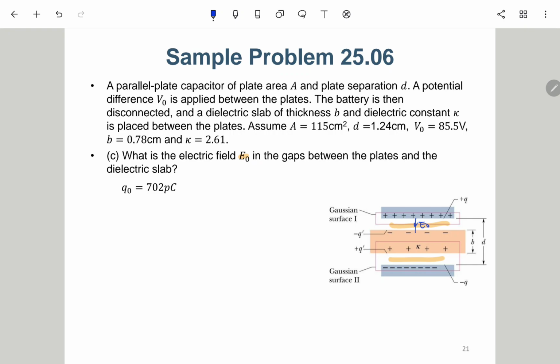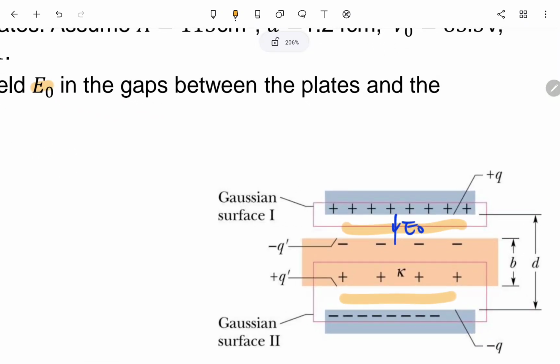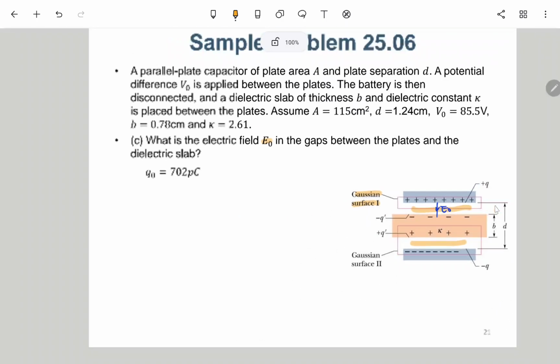So here we define the Gaussian surface 1 as this red box. It starts from here. This side is inside the top plate, and this side is between the plate and the slab, and these two sides here.